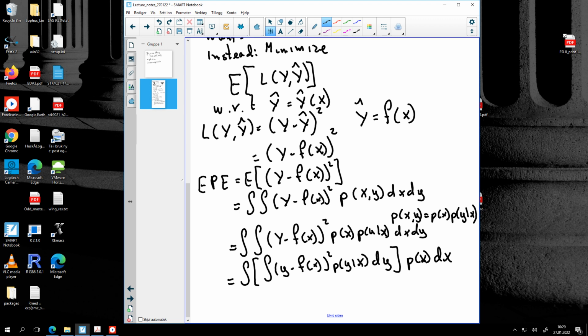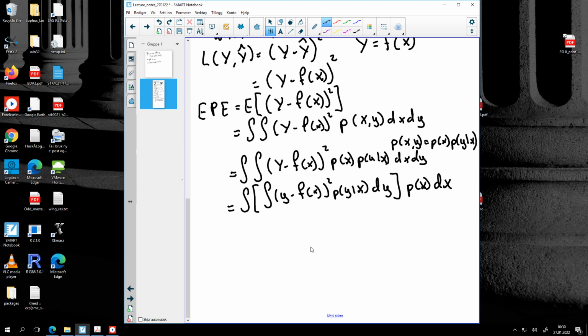Okay, and so the task is still to find the optimal function f which minimizes this expression. But note now that it's sufficient to minimize this part for each x.